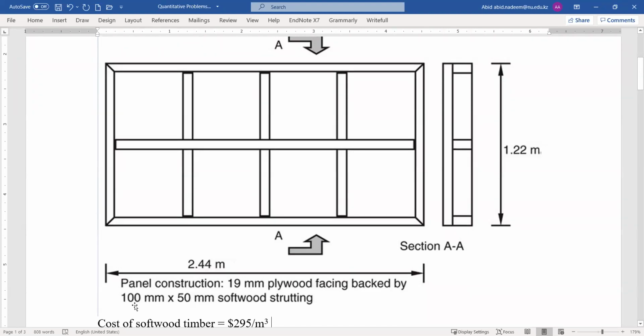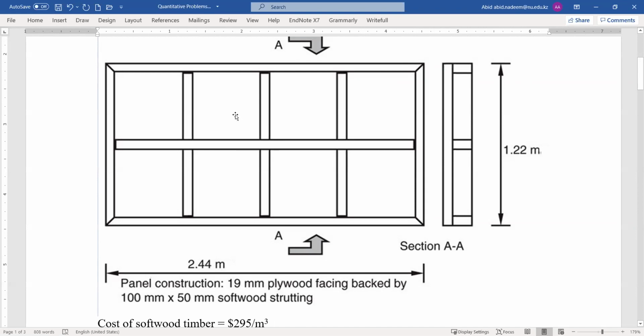So the struttings are 100 millimeter by 50 millimeter in cross section, and the panel construction is a 19 millimeter plywood facing, backed by these planks in the horizontal and vertical direction in the plane of paper.